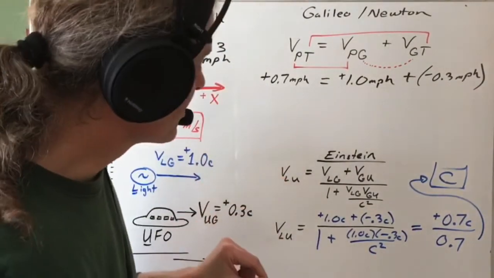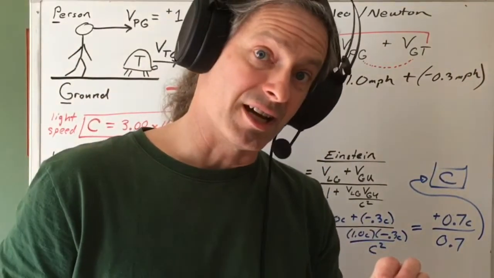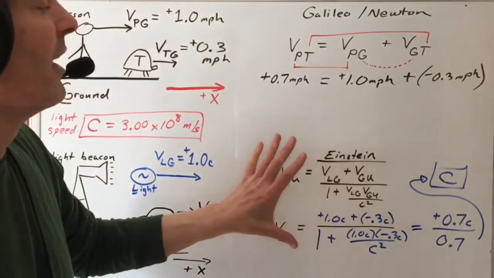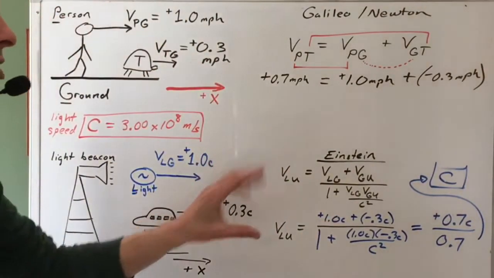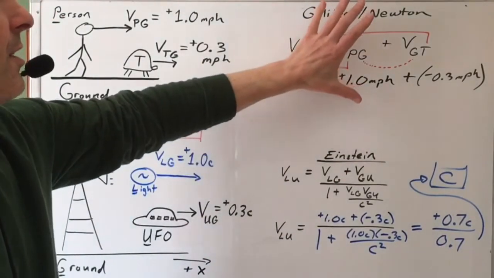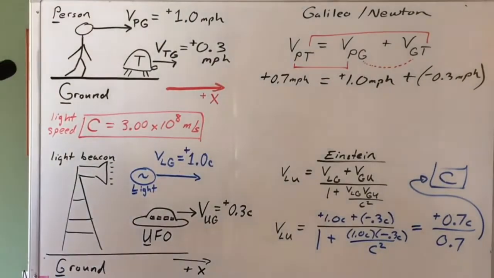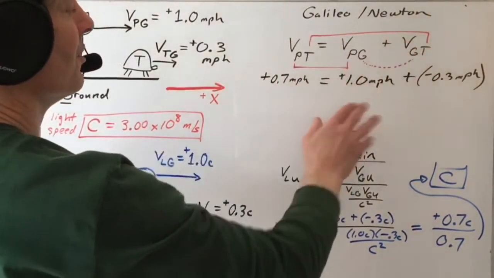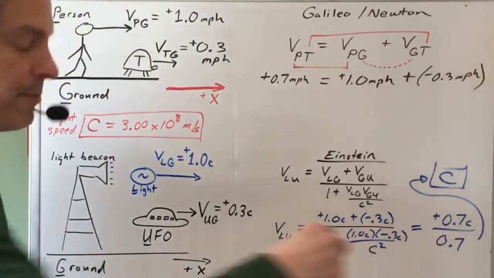The last thing I want to say is that the Einstein formula isn't just something that's limited for use at high speeds. The Einstein formula actually is general. It can be used for all speeds. So to show that, I want to show that the Einstein formula actually works for this example in which we use the Galileo-Newton formula. So to convert this to the Einstein formula, all I have to do is divide by this denominator.